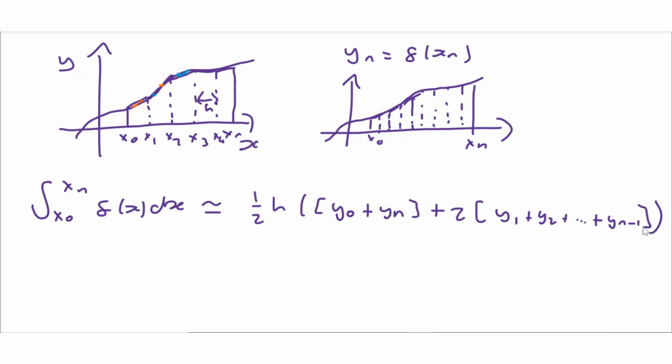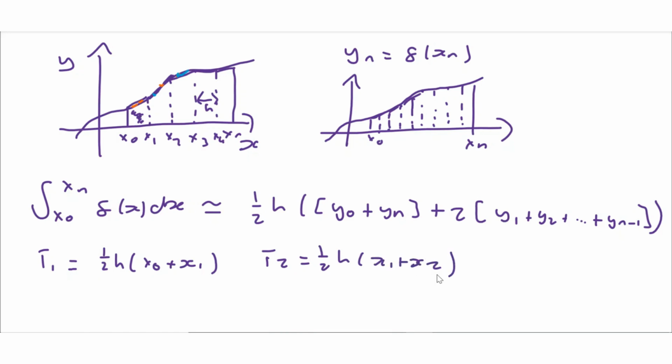And we might want to think about why this is true. So if we're looking at the area of this trapezium here, the perpendicular height for all these trapeziums is h. So the area of trapezium 1, we'll call it, is 1/2 h times x0 plus x1. For trapezium 2, that's equal to 1/2 h times x1 plus x2, and so on.